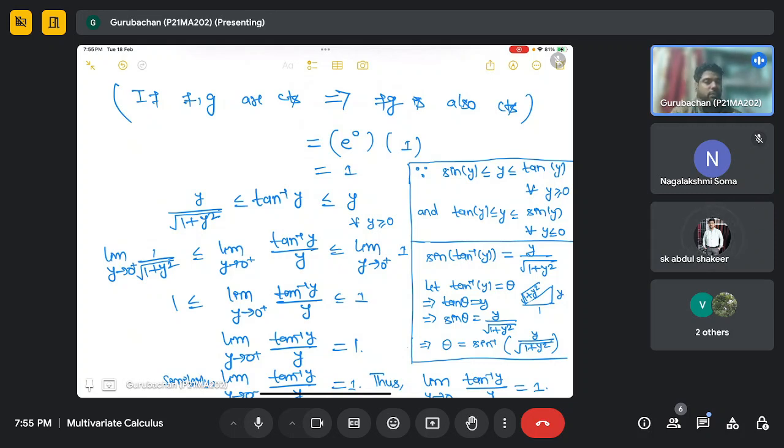I'm not saying the Lagrange mean value theorem you cannot apply, but this will be a better way as a real analysis expert, that you are applying the squeeze theorem. My main perspective was to explain to you how sine tan inverse y is equal to y by under root 1 plus y square. And these notes I have also updated in the same way.